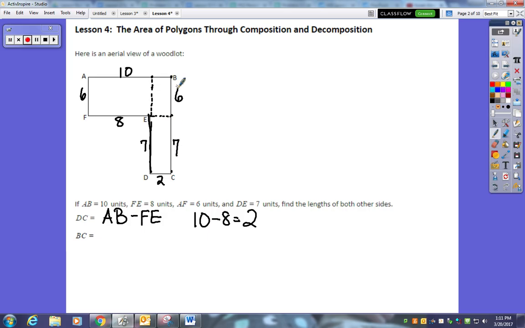So the length of BC would be the length of AF's opposite plus the length of ED's opposite. So I'm doing AF plus DE, or 6 plus 7 and getting 13. Okay, so it's just using other sides of a shape to figure out missing sides.